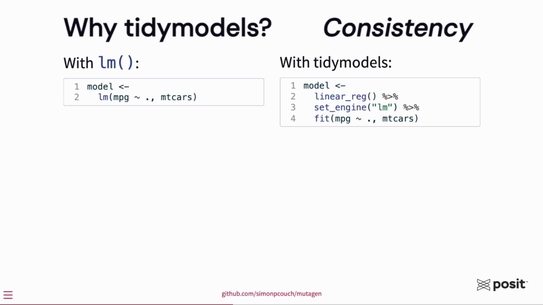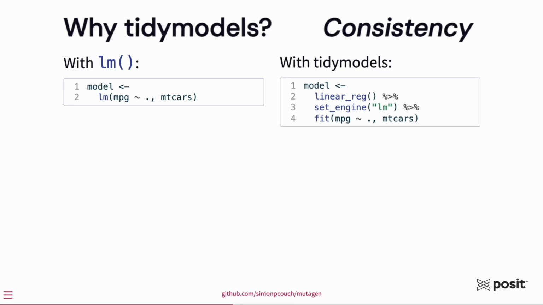Where we really see the value of tidy models, though, is when we start to introduce complexity into the modeling pipeline. Let's say you're using the LM function and it's not doing everything you need it to do, and you want to add, for example, a regularization term to your linear regression. If you're not familiar with that, it doesn't matter to understand what I'm about to demonstrate.